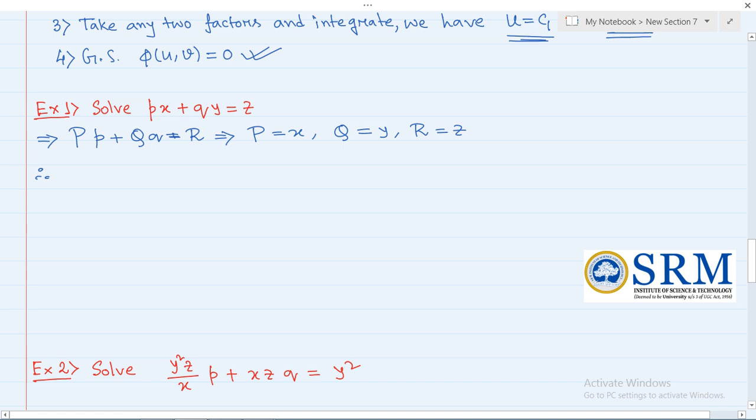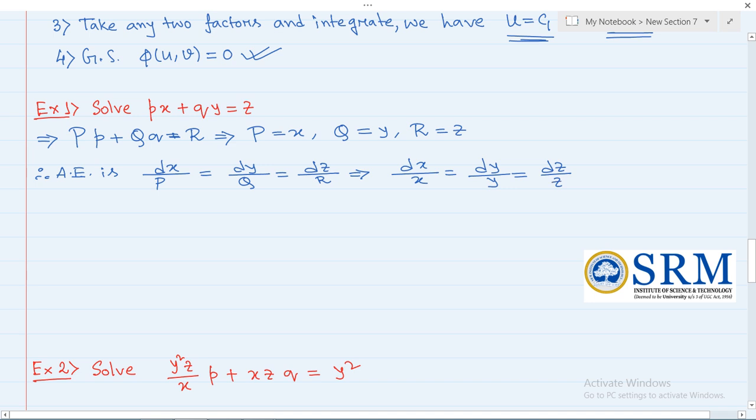Therefore the auxiliary equation is dx upon P equal to dy upon Q equal to dz upon R, so the equation becomes dx upon x equals dy upon y equals dz upon z.